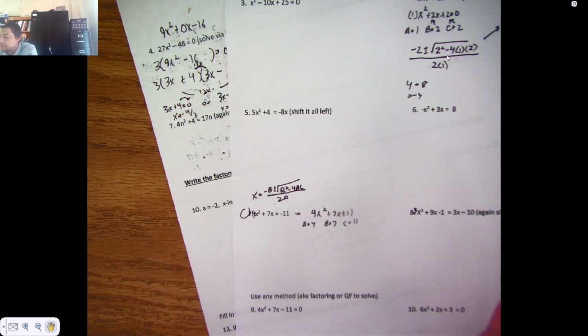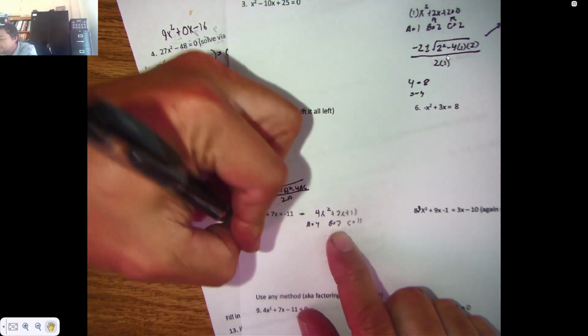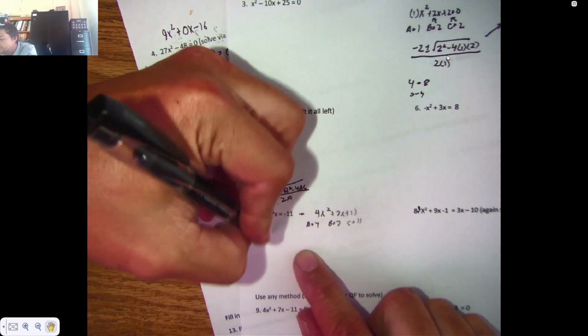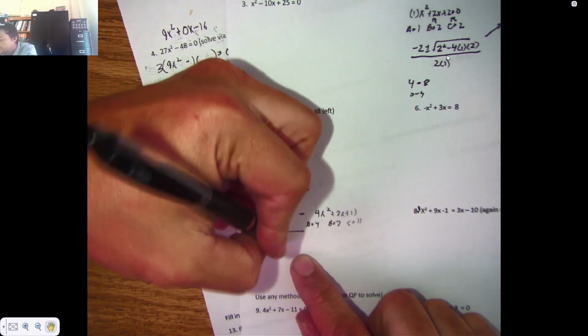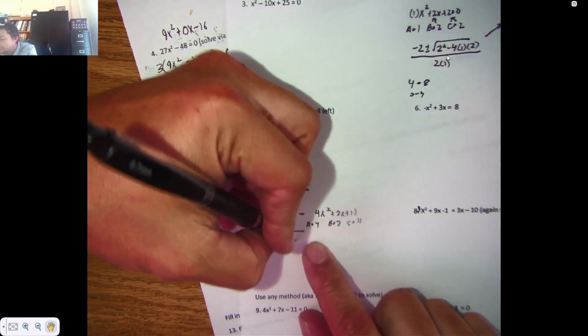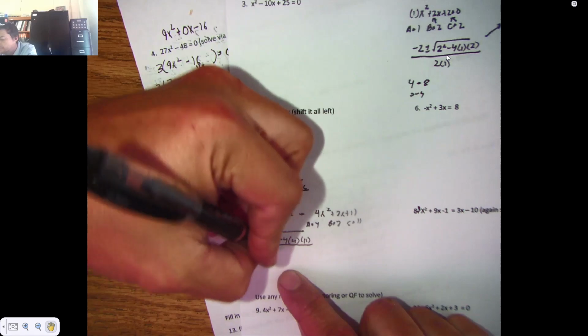Opposite of a positive 7 is a negative 7. Plus or minus 7 squared minus 4 times a, which is 4, times c, which is 11. All sitting pretty over twice a 4.